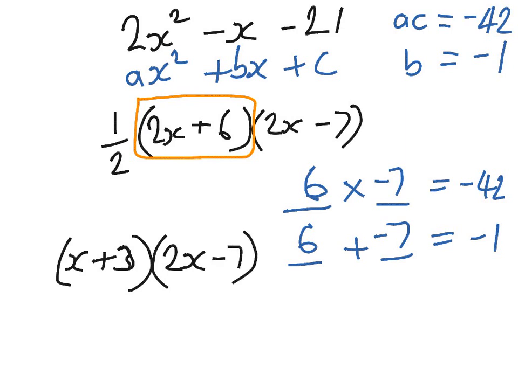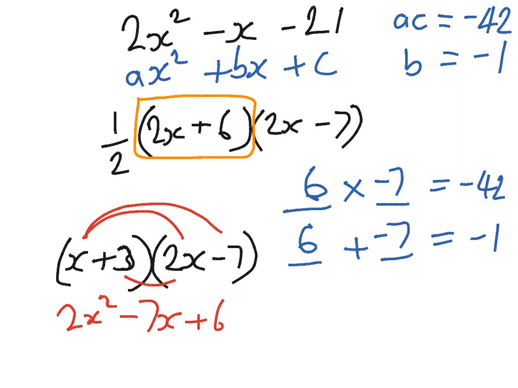And as usual, you can double check that indeed that is correct. So x multiplied by 2x is 2x squared, x multiplied by minus 7 is minus 7x, 3 multiplied by 2x is plus 6x, and 3 multiplied by negative 7 is negative 21.